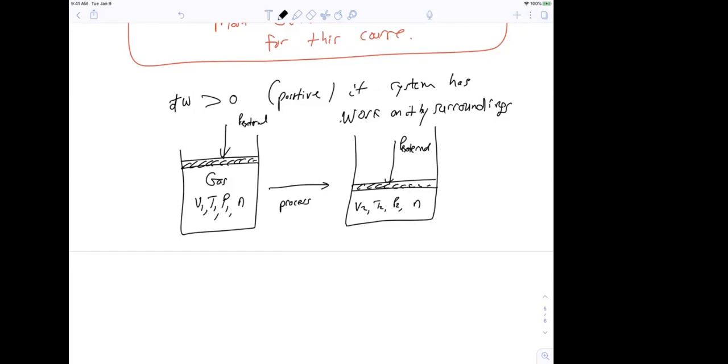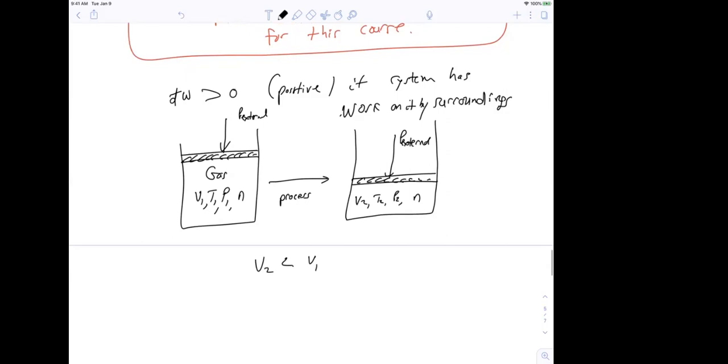We see here that V2 is less than V1, right? I think that's obvious. So we can say that for a differential change in this process, since V2 is always going to be less than V1, those are the two final states, dV is going to be less than 0.